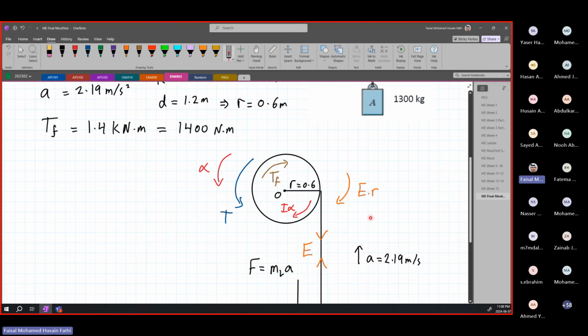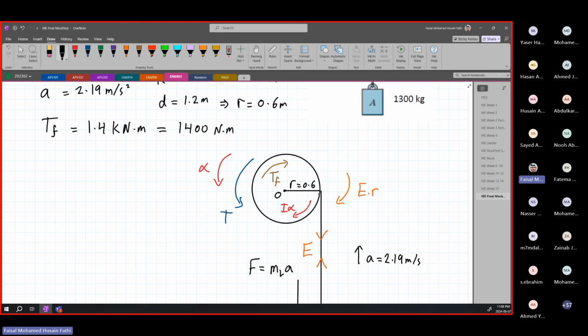So if we have a force that is pointing downwards, about the point O, it is doing a moment that is clockwise. That is why this ER is clockwise. And why did we multiply it by R? Because we're doing it about O. So the perpendicular distance is this distance over here, right? That is why we are multiplying it with R.